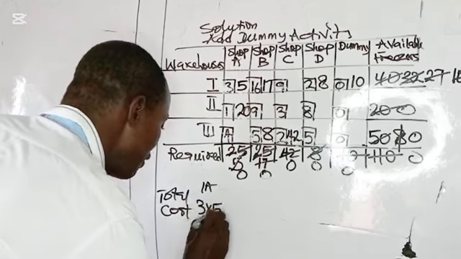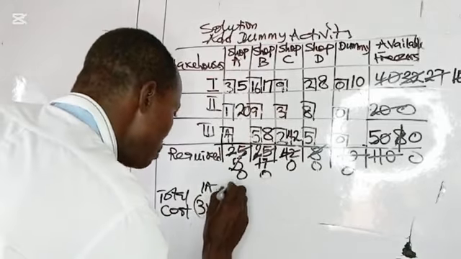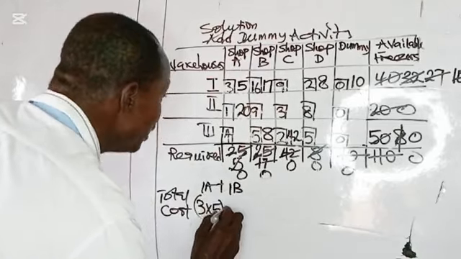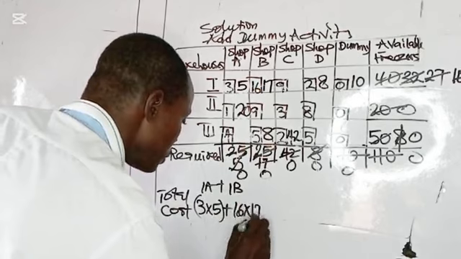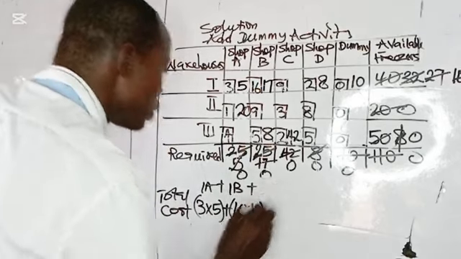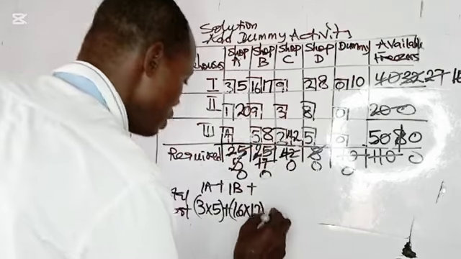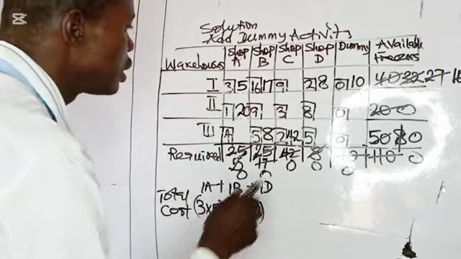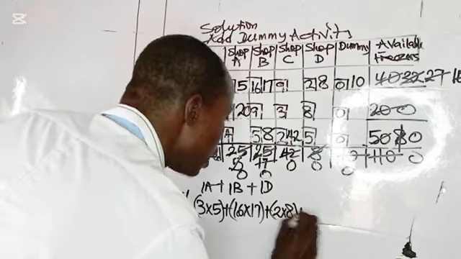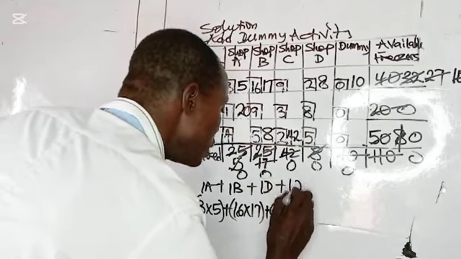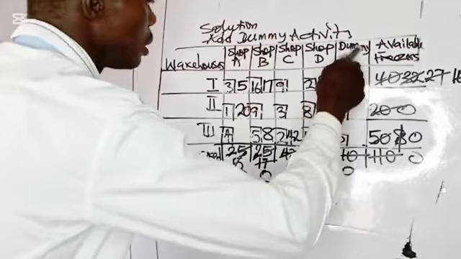Then 1B is 16 times 17, plus we have 1D, which is 2 times 8, plus 1 dummy, which is 0 times 10.